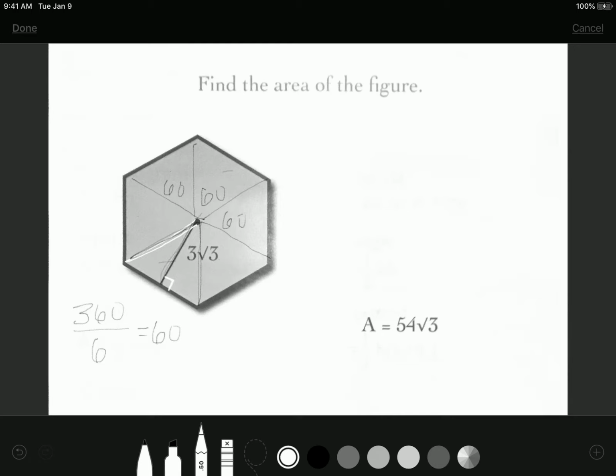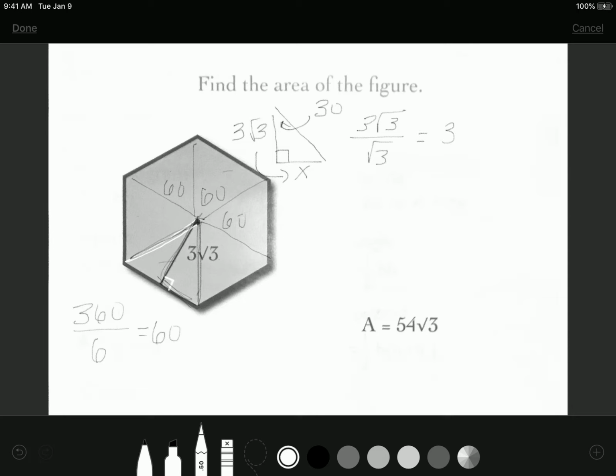If we wanted to focus on this triangle right here that involves our apothem, I'm going to draw that up here. That's half of one of our central angles. While the side is 3 root 3, the bottom here is 90. This angle up here is 30, which means we're dealing with a 30, 60, 90 triangle. To go from long side to short side, we're taking 3 square root of 3, dividing that by the square root of 3.